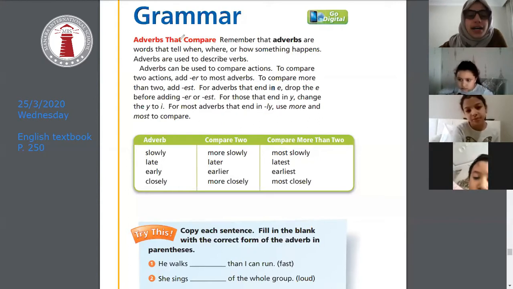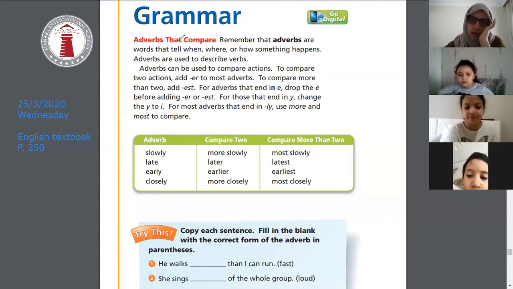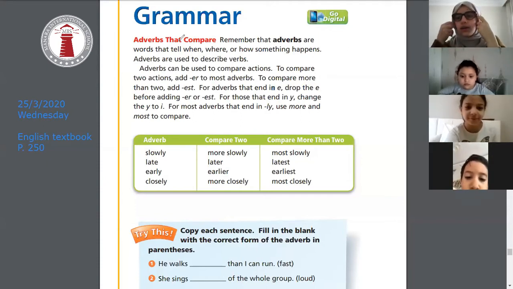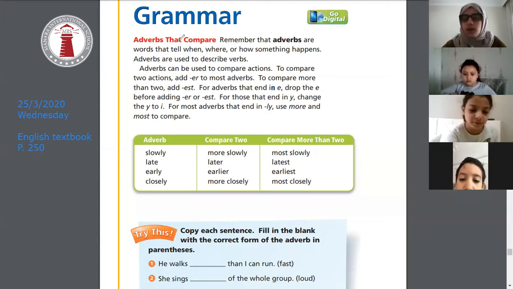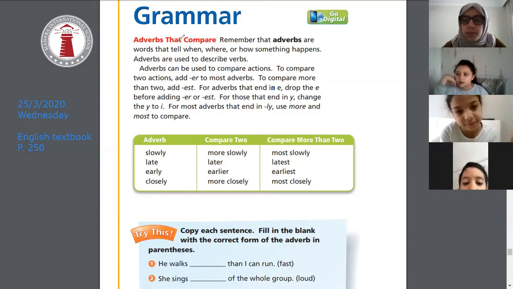Adverbs that compare. So last time we learned about adverbs that at the end of them have ly, or some of them answer questions like how, when, and where. So that was the topic from last grammar lesson, and now you have to know how to compare using these adverbs.